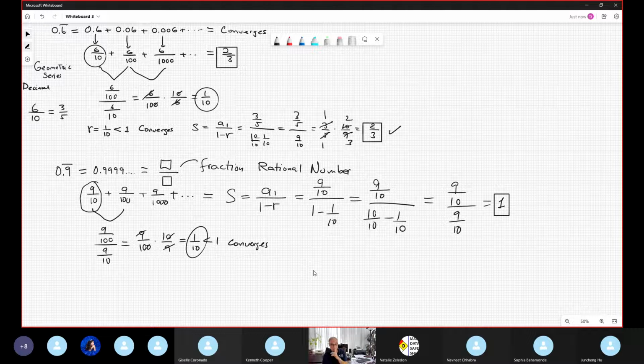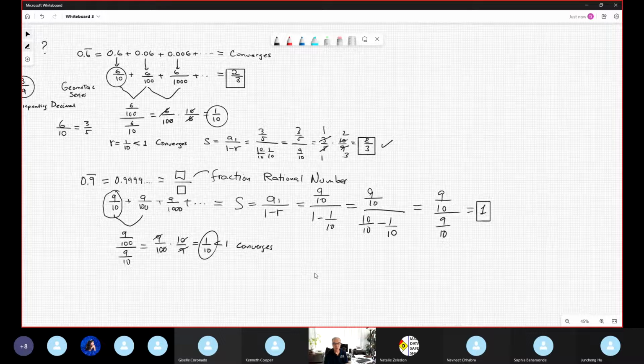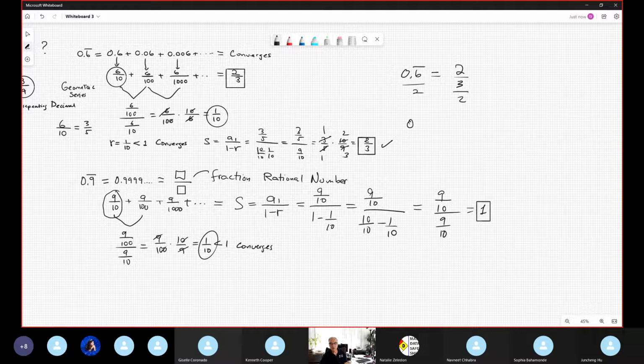Okay? Sound weird? For me it doesn't sound weird. Look, let me try to explain from another point of view. If you believe that 0.6 repeated is 2/3, you accept this idea. If you divide both sides by 2, 0.3 repeated is 1/3.